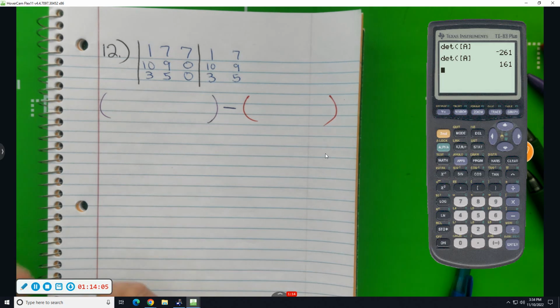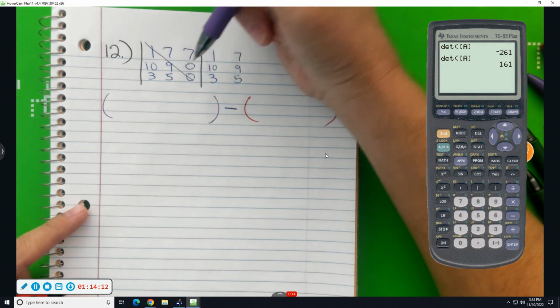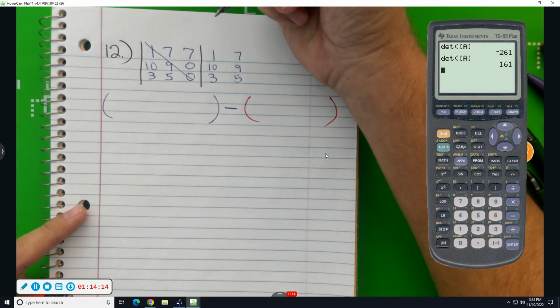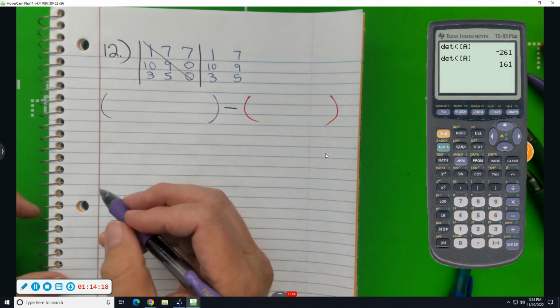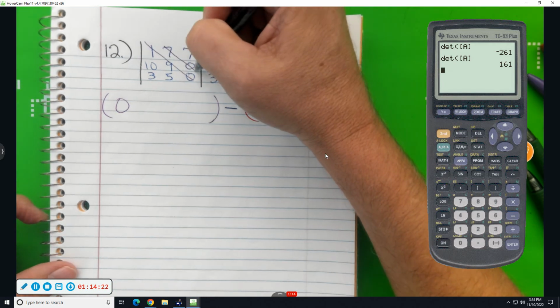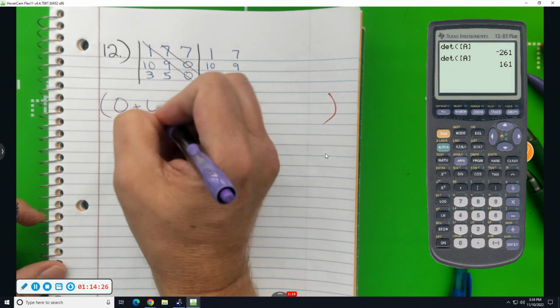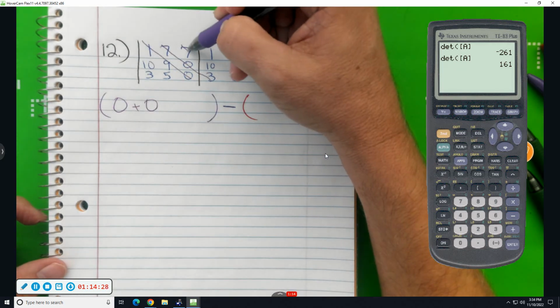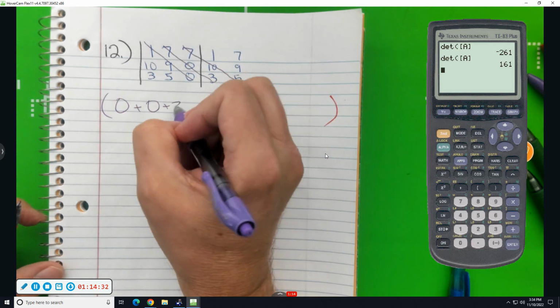And you start in the upper left-hand corner and start multiplying. 1 times 9 times 0. 1 times 9 times 0 is? 0. 7 times 0 times 3 is? Another 0. 7 times 10 times 5 is 350.